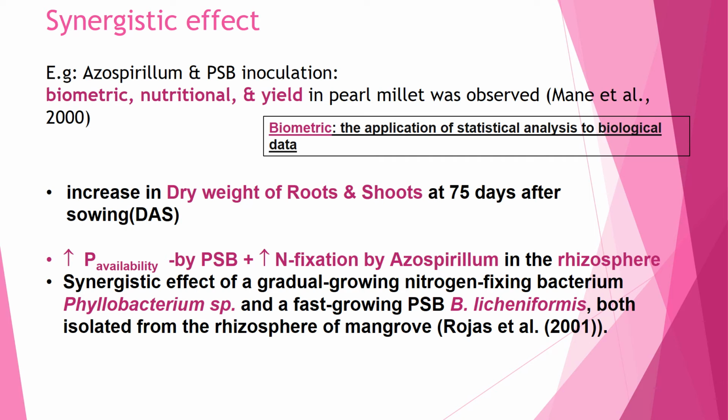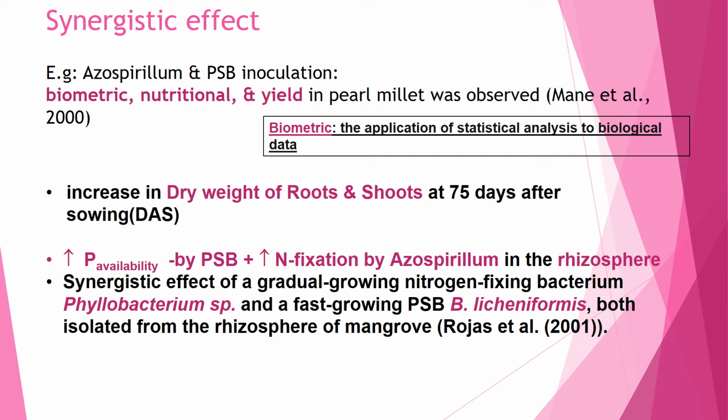And all this synergistic effect, for example, azospirillum and the phosphate solubilizing bacteria inoculation, can enhance the biometric, nutritional, and yield of the pearl millet. Pearl millet is a kind of wheat grain crop.